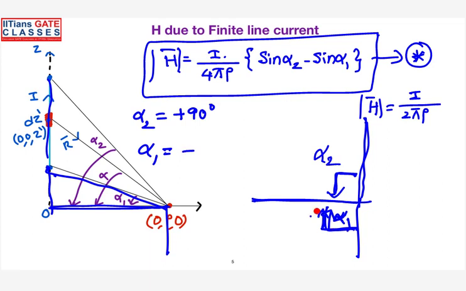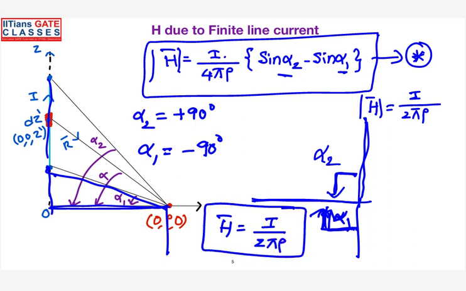So alpha 1 is negative and also 90 degrees. Now you can substitute alpha 2 as plus 90 and alpha 1 as minus 90. You are going to get the same equation, I by 2 pi rho. That's how we can verify the Biot-Savart's law and the Ampere's law.